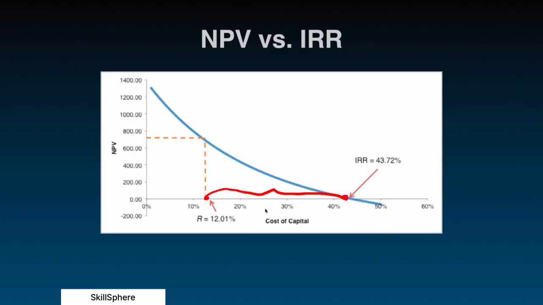So even if we disagree on the cost of capital and you're taking a more conservative view and you think our real cost of capital is 20%, that's okay. This project is still NPV positive. It's still value accretive. And so what this gap shows is that I've got a lot of room for error, at least on the discount rate dimension.